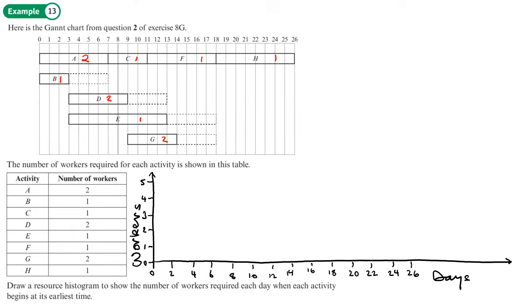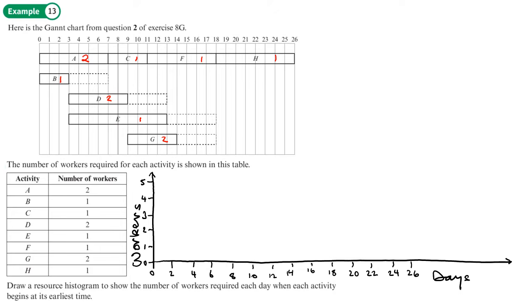So when we draw a resource histogram, we always start with the critical activities, this critical path here, and this is going to go along the bottom of our resource histogram. So we'll start with activity A. Activity A requires 2 workers, and it goes up to 7, the beginning of day 8 actually, or the end of day 7.